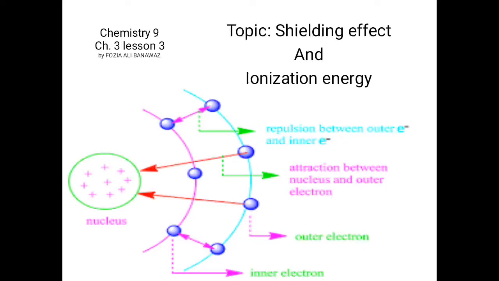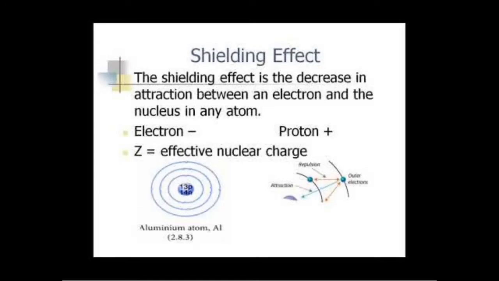So, why are properties repeating after a certain interval? Today we will know what is shielding effect and ionization energy and why their values change across a period and in a group. So here we begin with the shielding effect.